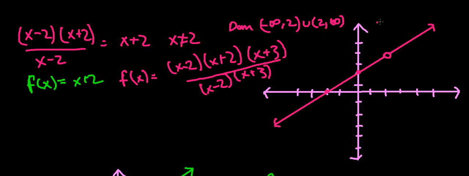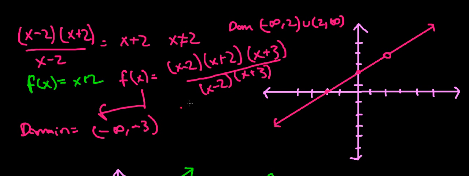Well, let's write out the domain of this first. The domain is negative infinity to minus 3. If we put in a minus 3 here, it will be 0. Minus 3 to 2, and then 2 to infinity.